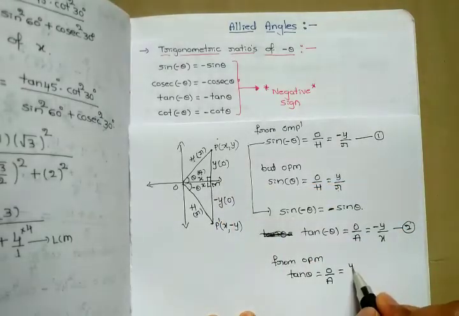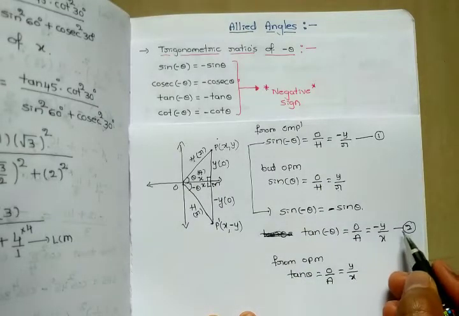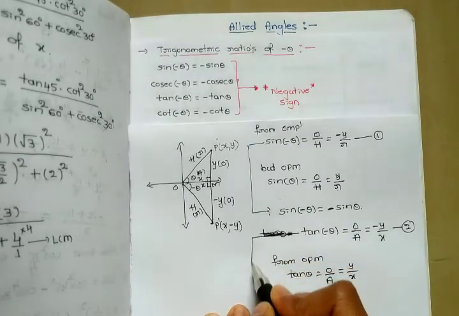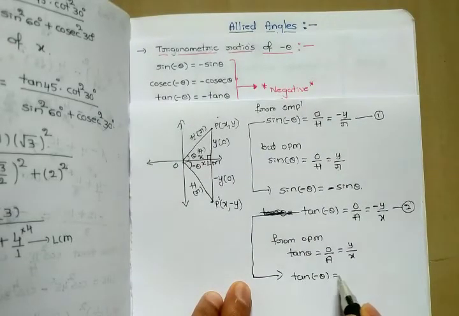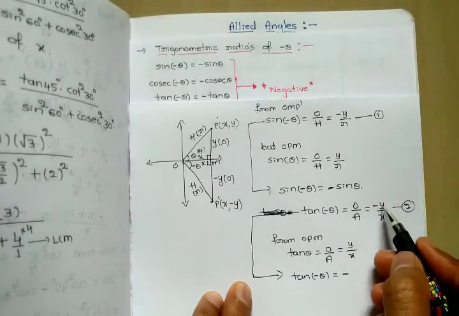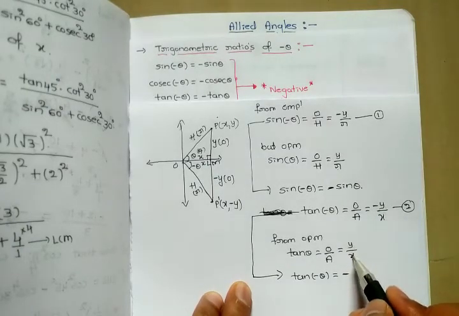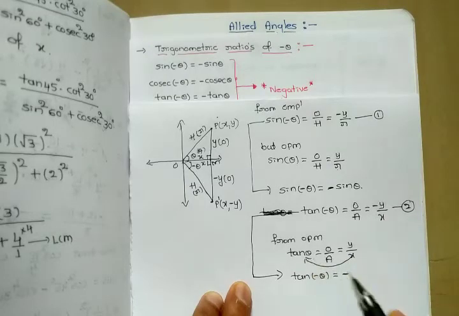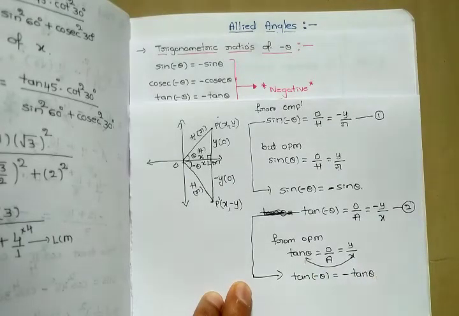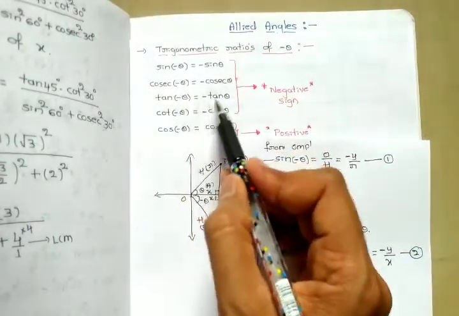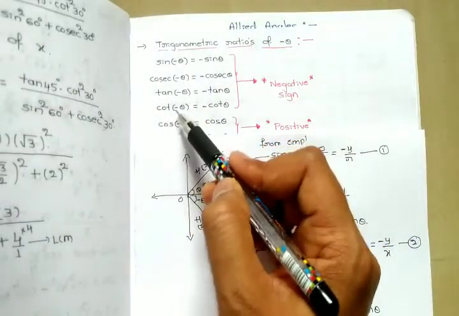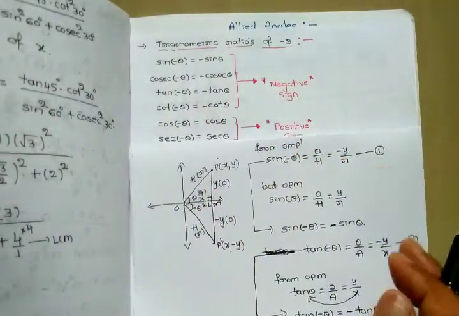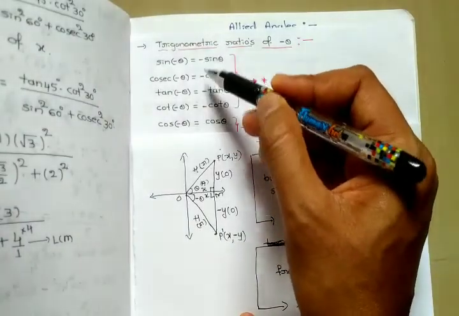Opposite is y, adjacent side is x. This value I am going to substitute in 2. Therefore tan of minus theta is equals to minus, I am going to keep it as it is, y divided by x. You know y by x is nothing but tan theta. Therefore tan of minus theta becomes minus tan theta. Reverse of that is cot, so cot of minus theta will be minus cot theta.